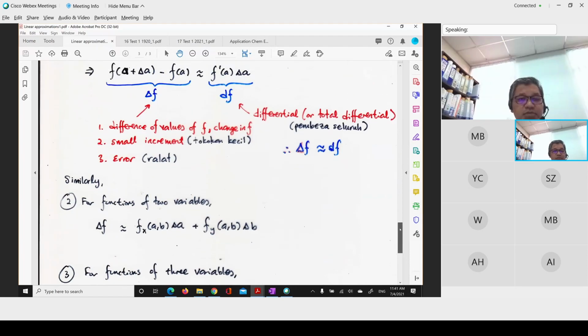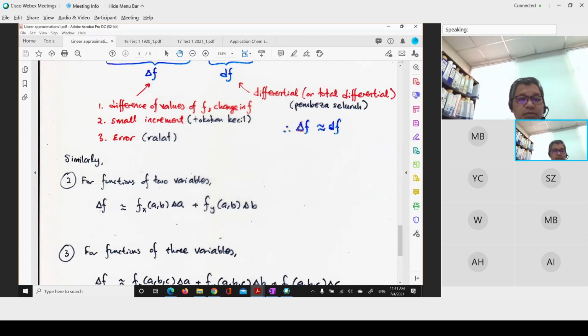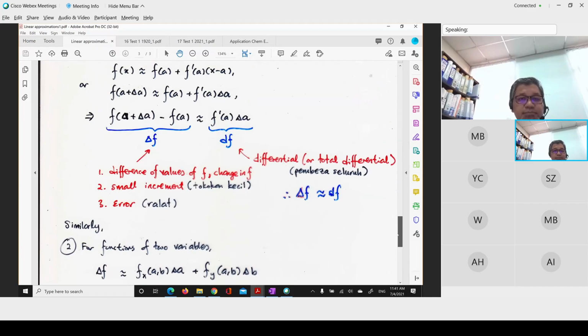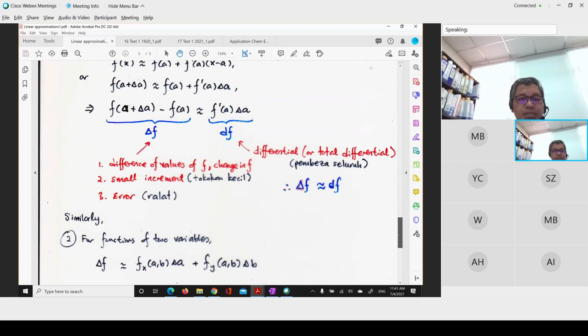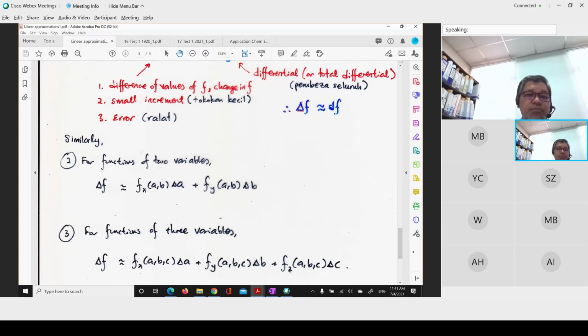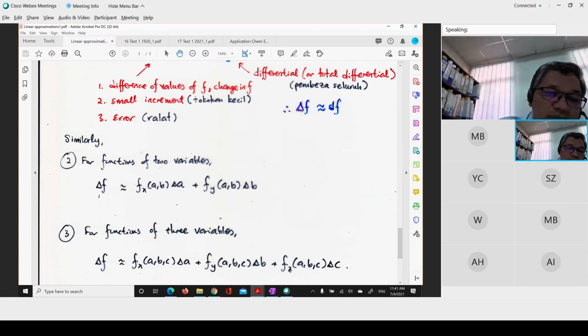For functions of two variables, we have delta F approximately equal to, the error is approximately F partial x at (a, b) times delta A plus F partial y at (a, b) times delta B. What is delta F here for functions of two variables?